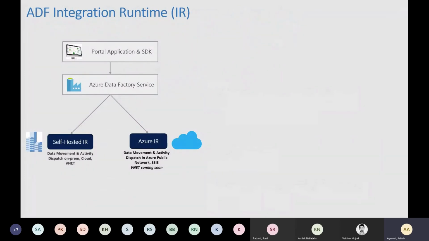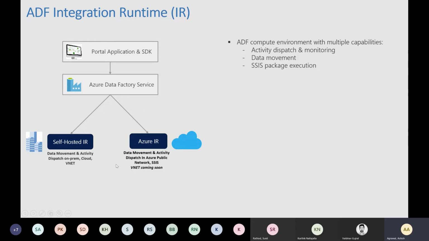At a high level, we talked about ADF as a service. There's definitely the UI and the SDK, and then underneath, for the compute, you have two options as we discussed. You have self-hosted IR and Azure IR.